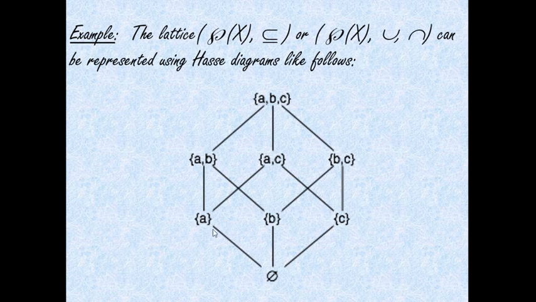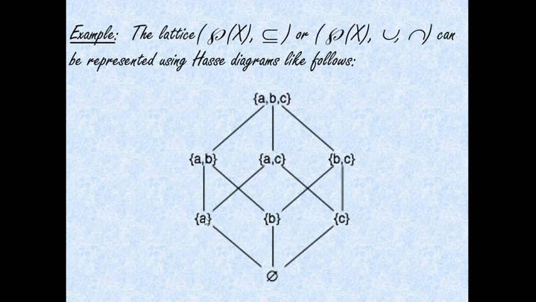So I am laying the singleton sets on top of this null set, and this line implies that the null set is a subset of the set C, the null set is a subset of set B, the null set is a subset of set A.